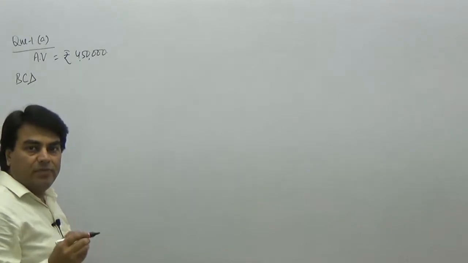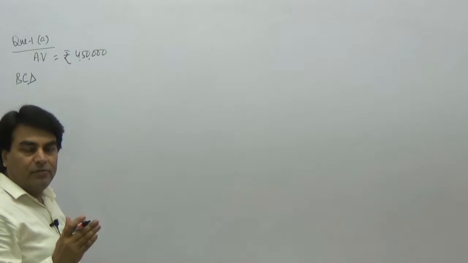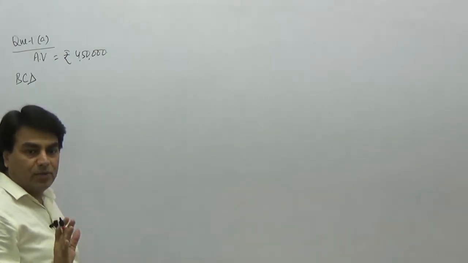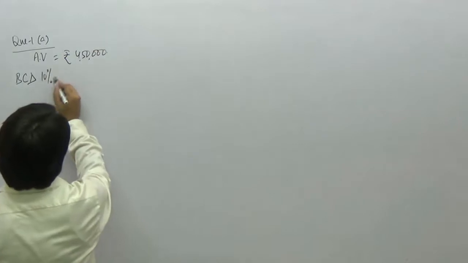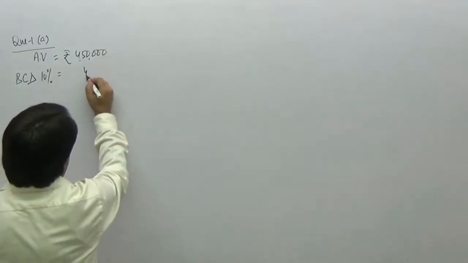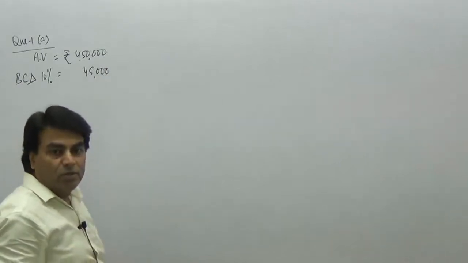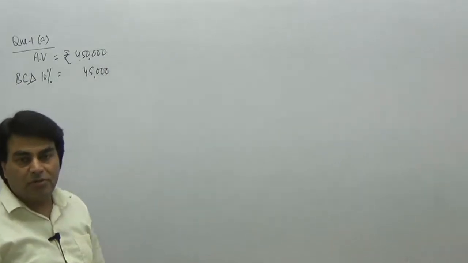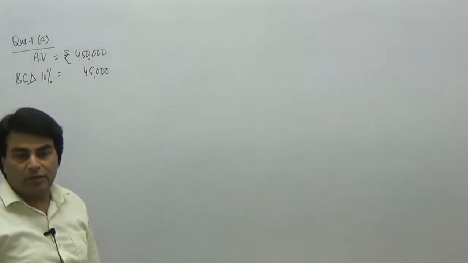BCD is to be applied at the given rate on the assessable value. The duty rate here is 10%. Apply 10% on this amount, this would be 45,000. So the BCD is 45,000 rupees because the rate is 10% and the assessable value is 4.5 lakhs.